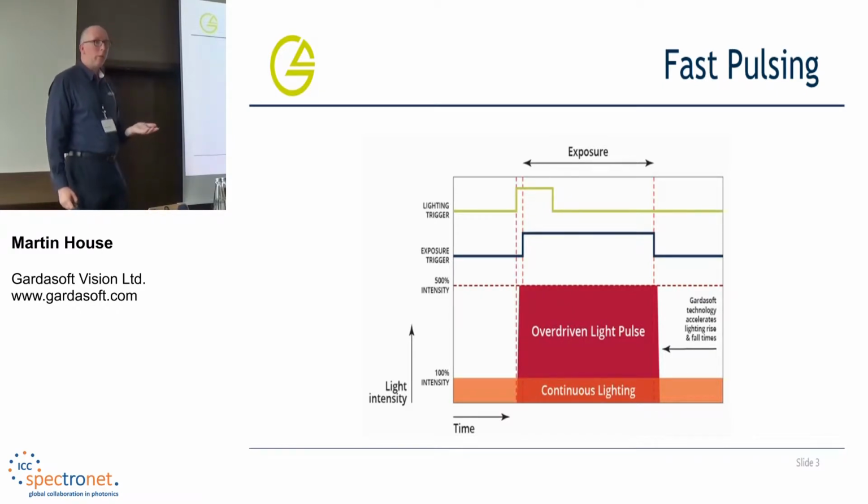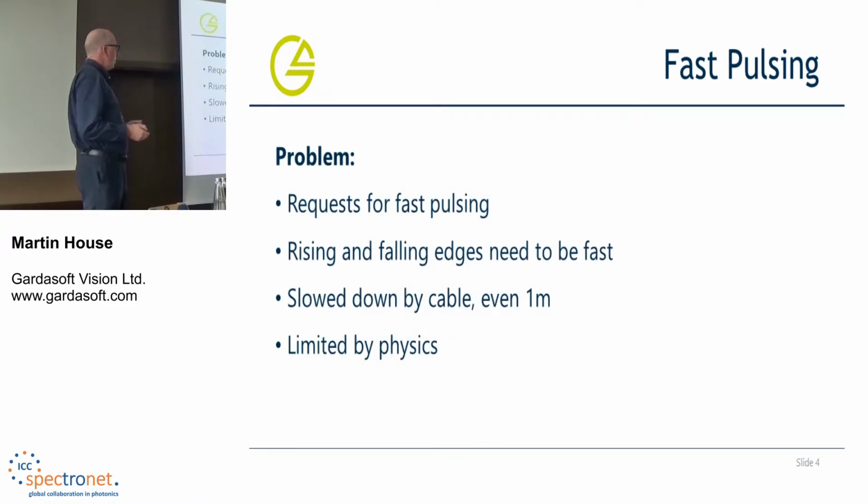So that could have some consequences. You could end up with a bad image, which could result in a blurred image because you're not freezing your motion. If you're in a line scan situation, you may start to get crosstalk from one line to the next line, particularly if you are using different lighting schemes. And I'll go into that more when we look at the line scan. So we started to get quite a few requests from the marketplace about making controllers faster.